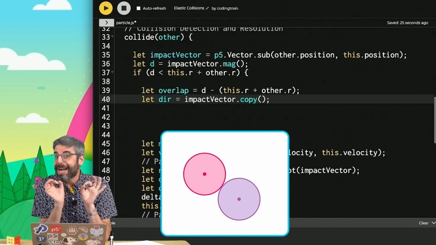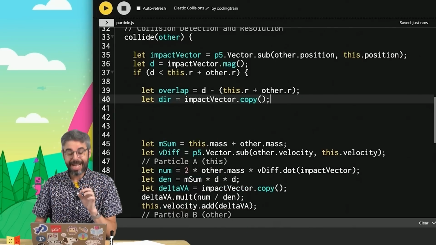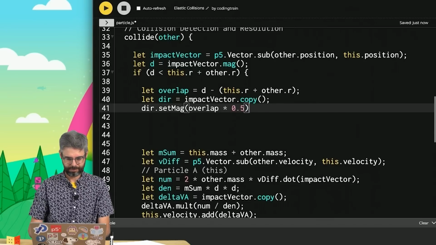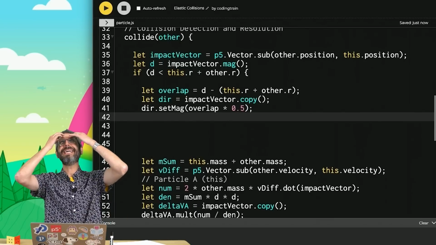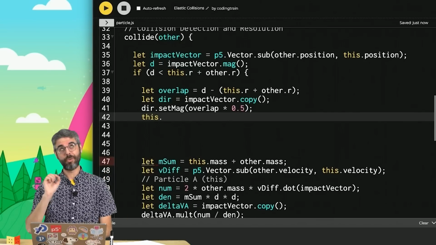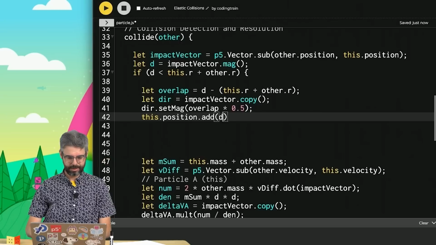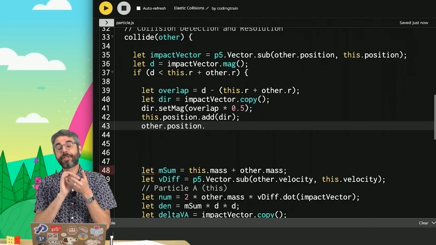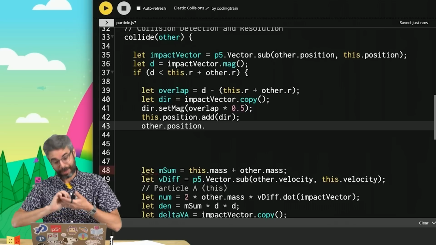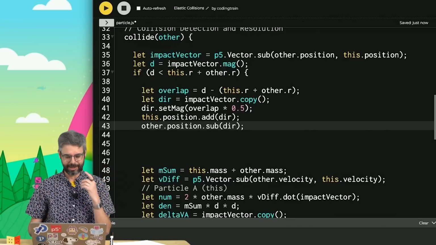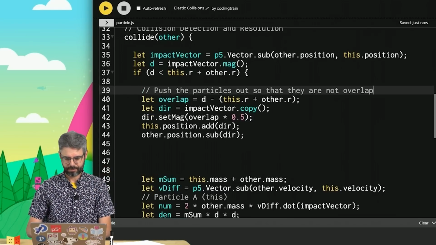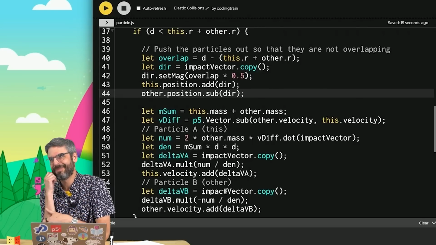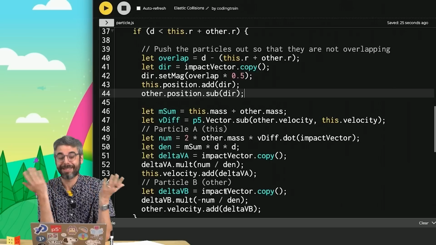So let me make a copy of that vector, set its magnitude to half of the overlap, and then particle A, which is this, should be offset by that direction, and then particle B should also be offset, but in the other direction, so I should subtract that vector. And then when I use the distance in the calculation, I should correct it as well to be the sum of the radii.